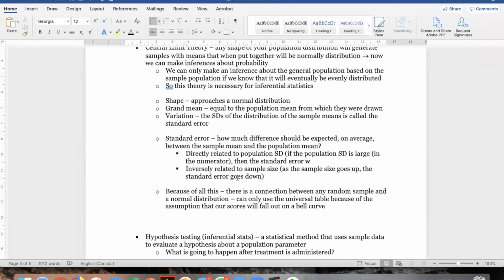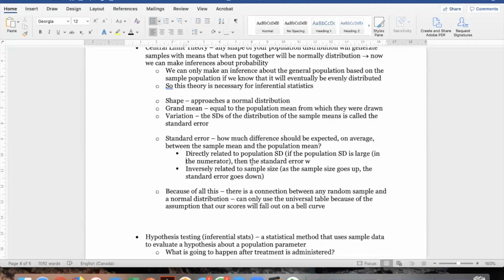Because you're looking at 100 different studies, and there are so many studies, we basically say that's the population. How close is your sample mean score to the grand mean of all of the other studies that have been done on the same subject? So you can have 1 or 2 standard errors away, or 3 or 4, or however many.